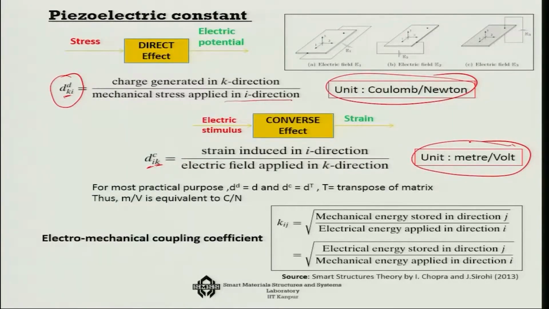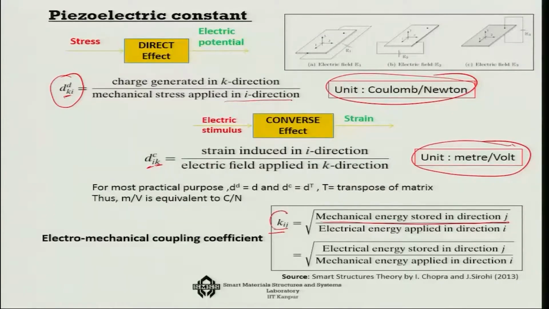Now it is not only this piezoelectric coefficient d that is important. There is an electromechanical coupling coefficient which is even more important, and it basically talks about the ratio of the two energies, that is mechanical energy stored in direction j over electrical energy applied in direction i, or vice versa.